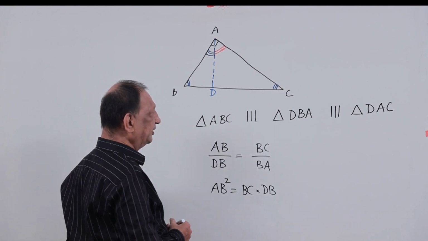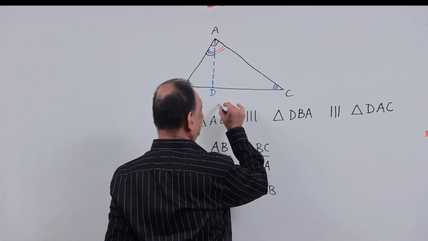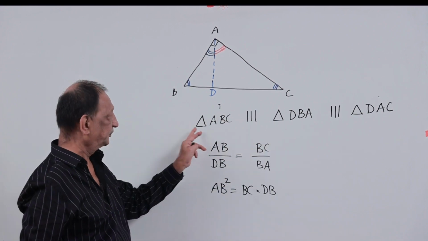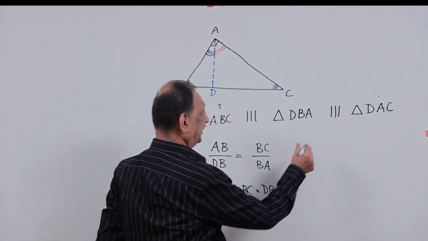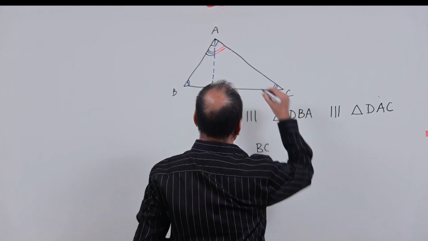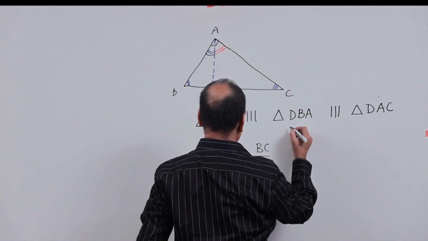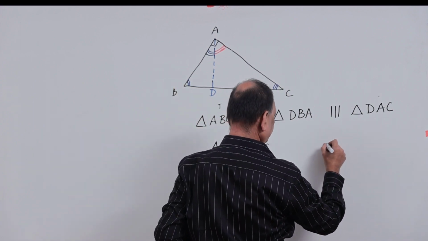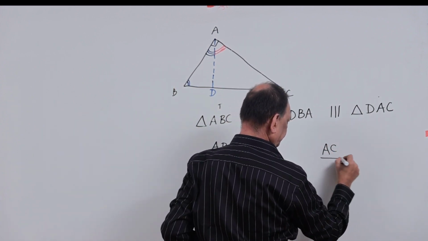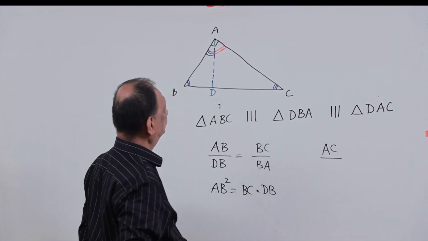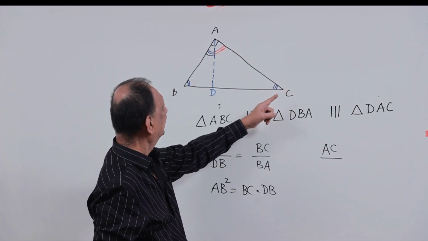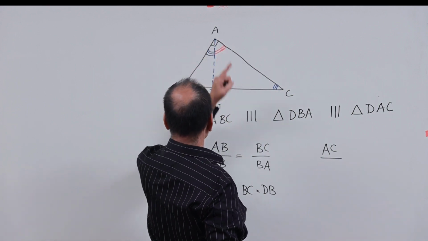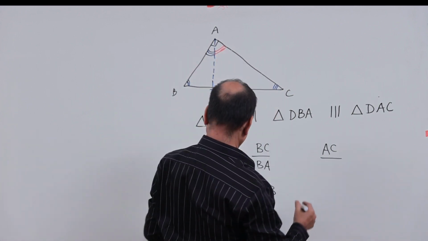Same way, we now look at similarity of ABC with DAC, the other triangle, not the center one. First and the last. And we say, in this case, obviously interest is AC in this case, not AB. Correct? AC divided by DC.